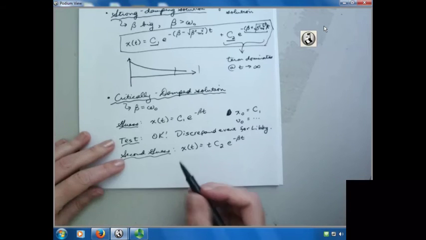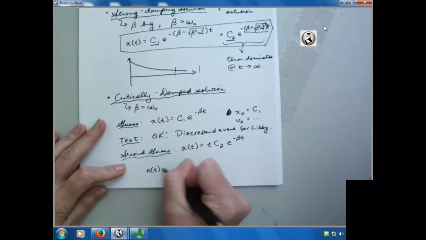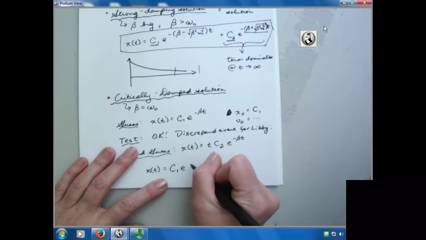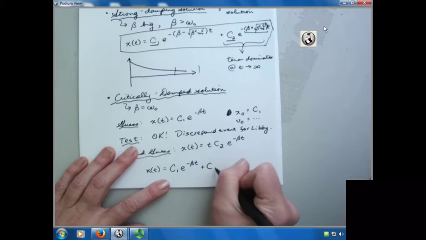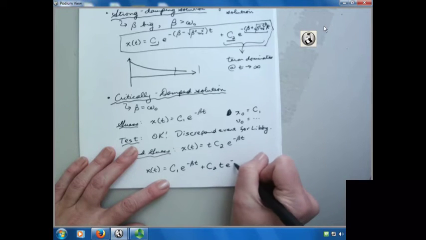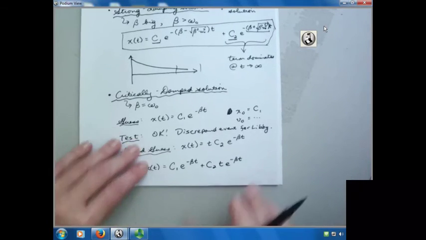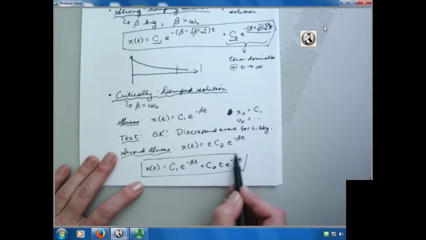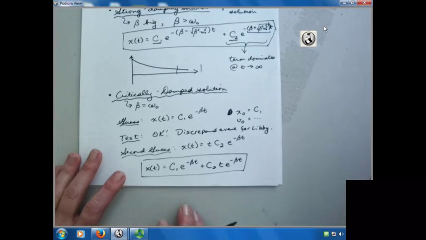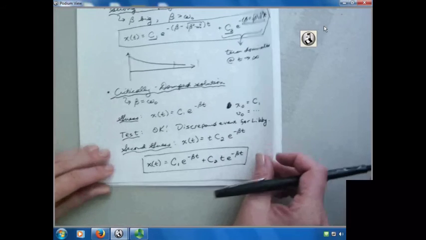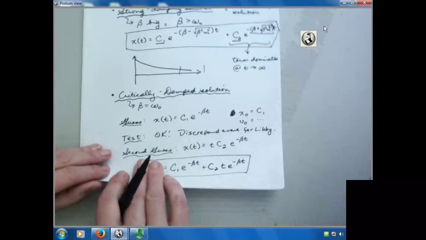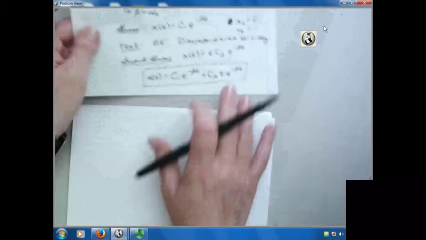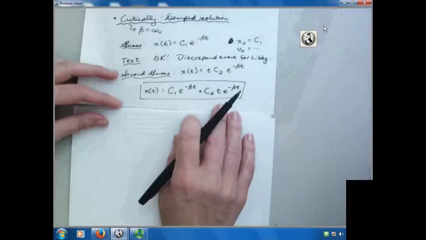So that was exciting. So what we get is x as a function of time is going to be a linear combination of the two. And in this case, we still have C1 and C2 are both just real numbers now, not complex.